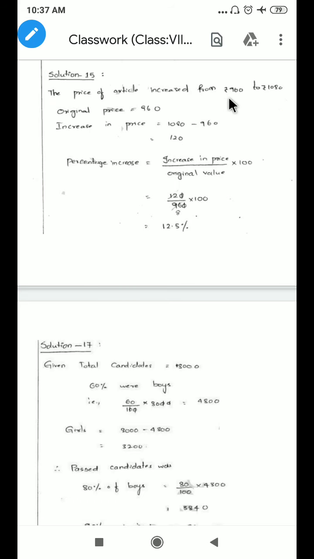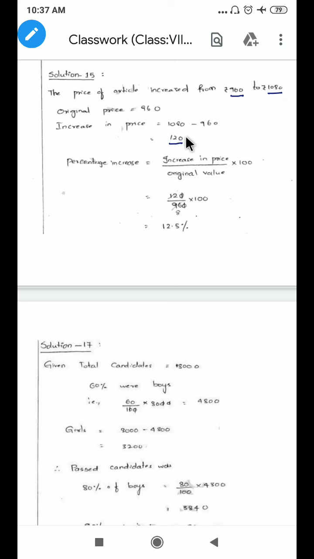Our previous price is 960 and the present price is 1080. So how much is the price increase? Just subtract it, and you will get 120.